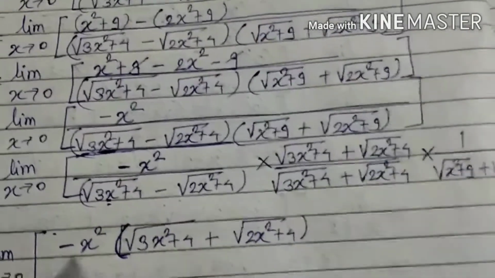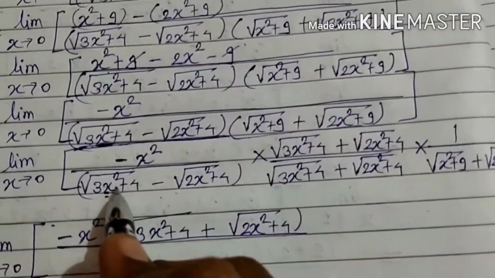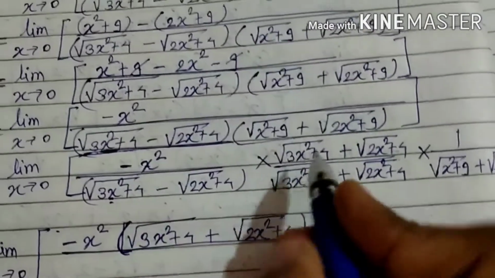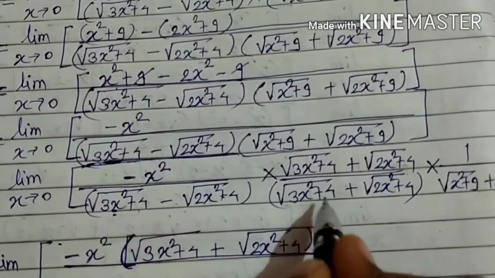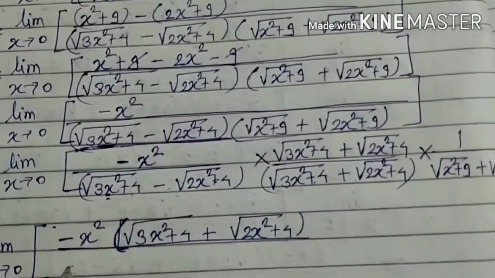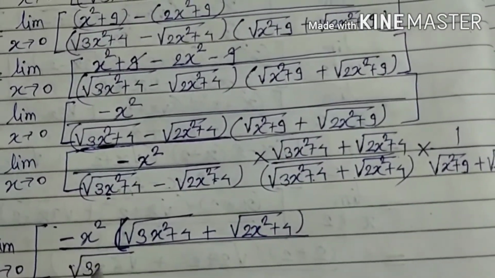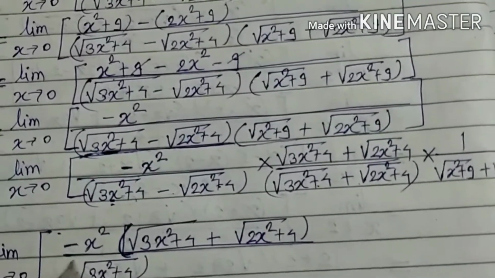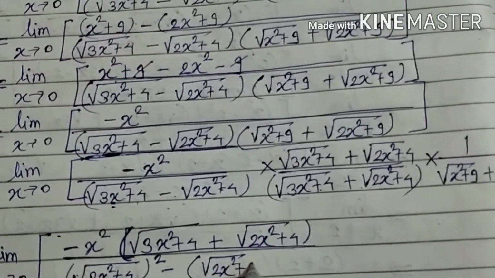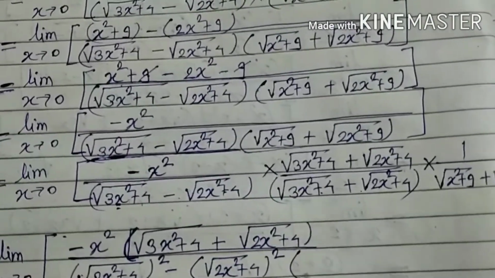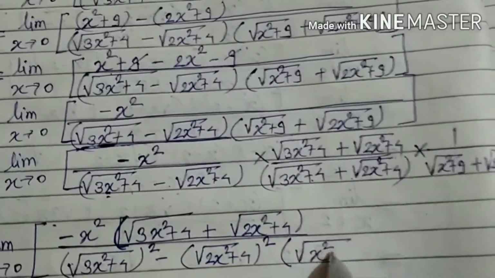Okay, and this is a minus b, a plus b, so it is a square minus b square, and our remaining term.